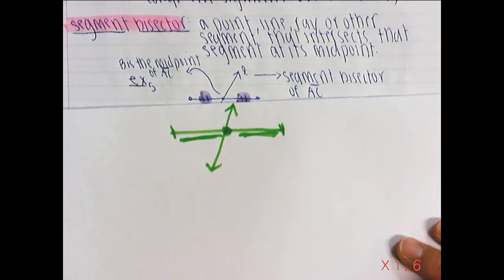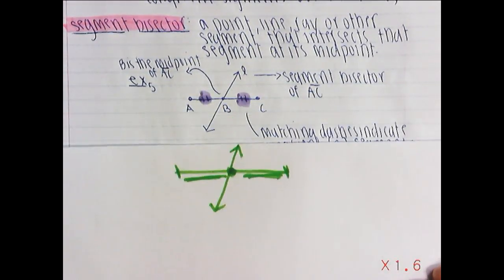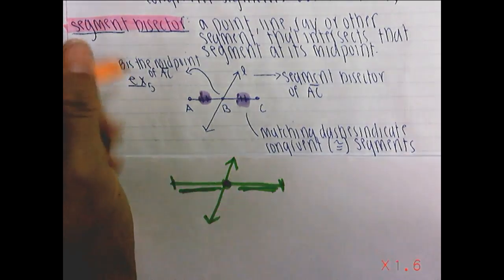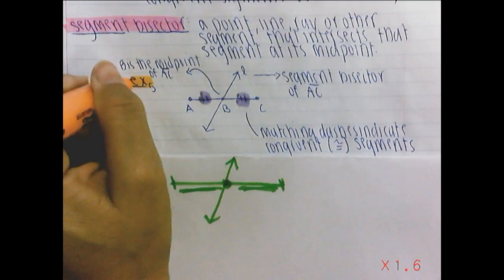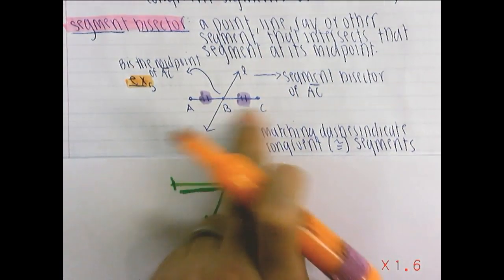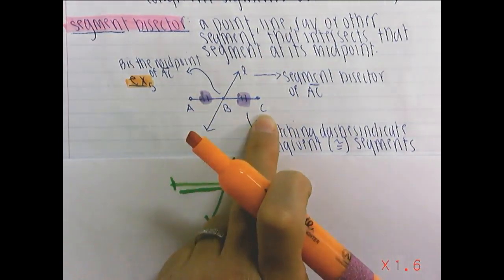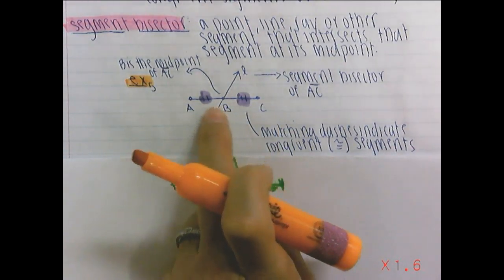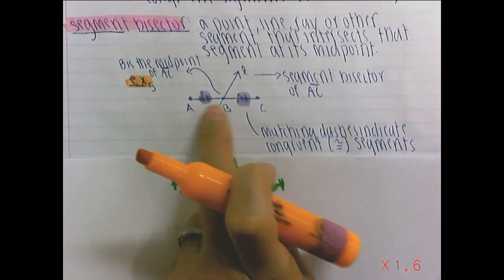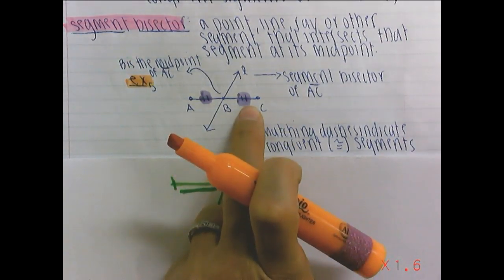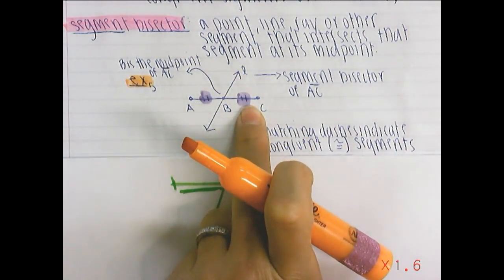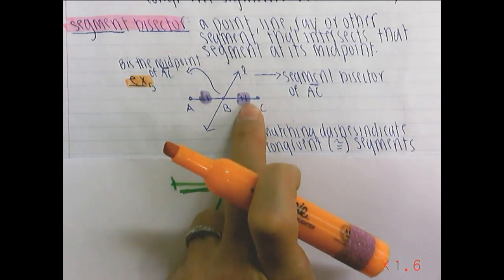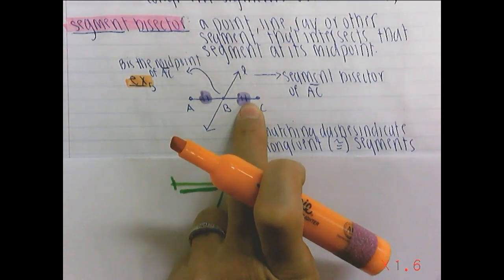So let's look at this as an example right here. And again, I forgot my color coding. I'm sorry, guys. Okay, we're looking at this figure down here, and we have segment AC, all right, and B is the midpoint there. You'll notice I highlighted these two little dashes in purple to show you these two lines. Whenever you see that a segment has matching lines, that means they're congruent.